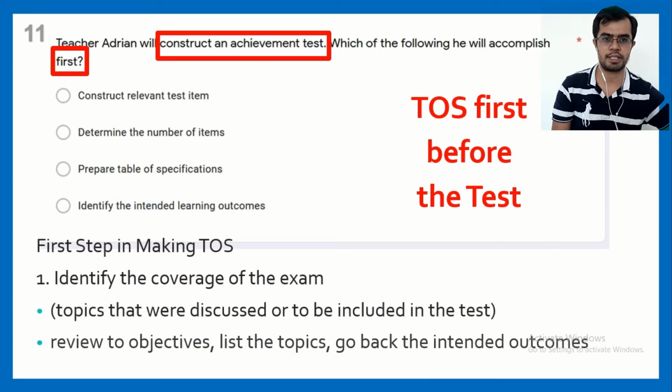And the first step in making the TOS is to identify the coverage of the exam, which is to list down the topics that were discussed or to be included in the test. And that means we have to review the objectives, list down the topics, or go back to the intended outcomes. To answer number 11, the first step is to identify the intended learning outcomes.